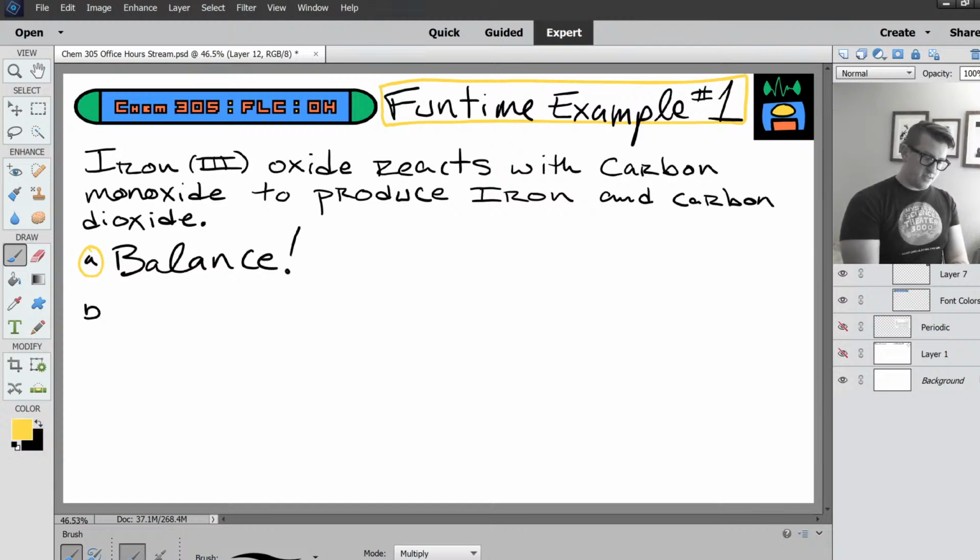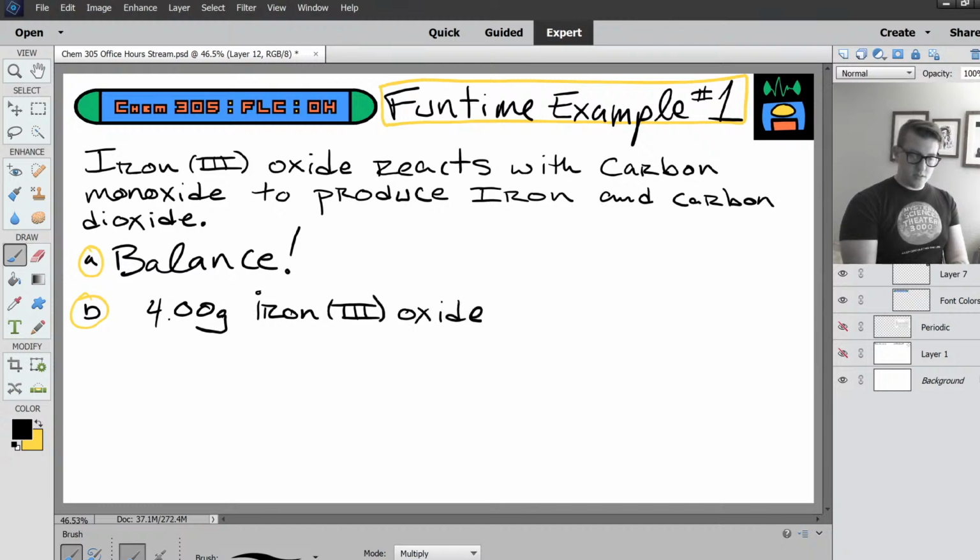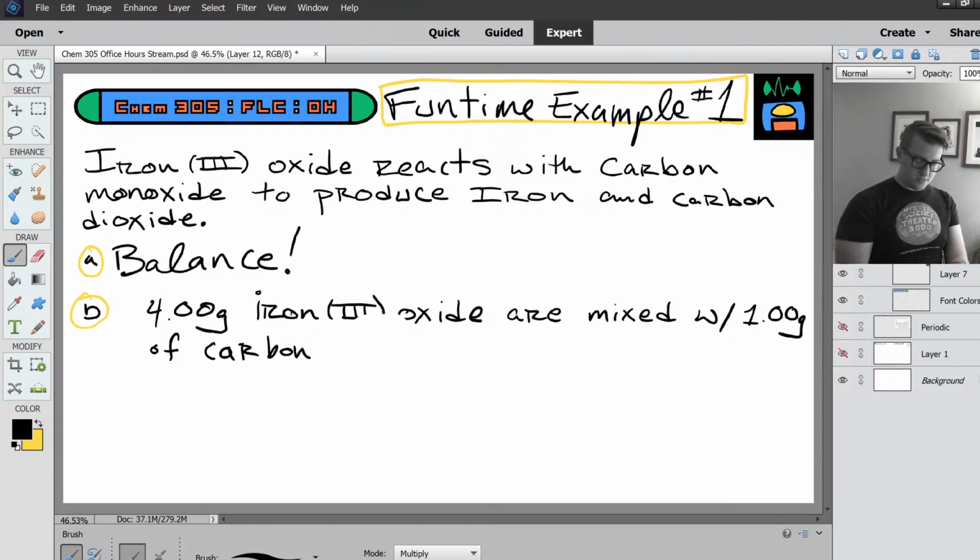Part B, 4.00 grams of iron 3 oxide are mixed with 1.00 grams of carbon monoxide.